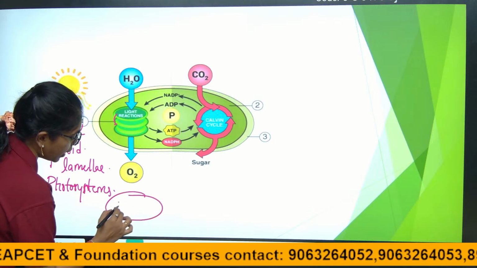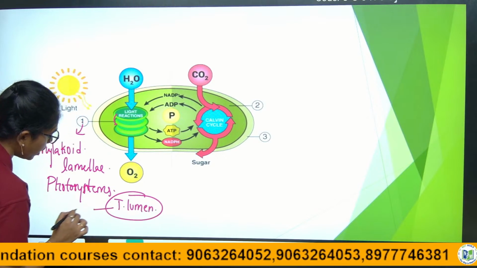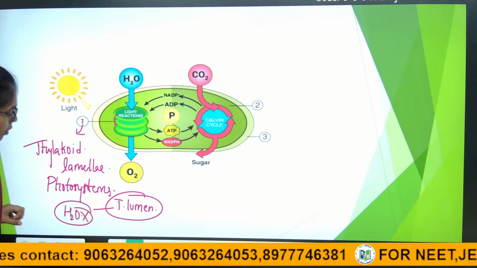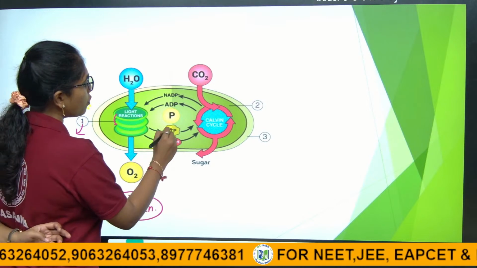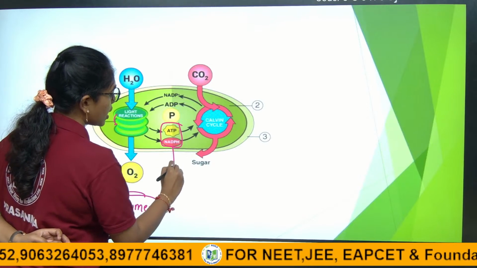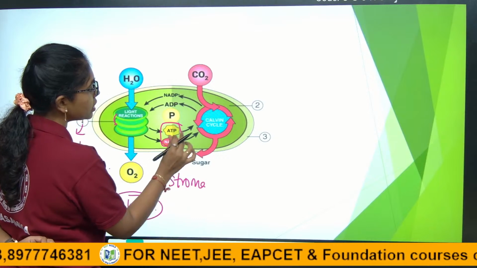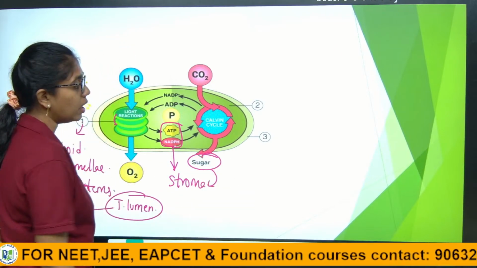Inside the thylakoid you have the thylakoid lumen. Photolysis of water will happen where? In the thylakoid lumen. Formation of assimilatory power takes place in the stroma, and this energy is utilized and sugars are formed. Sugars are also formed inside the stroma.